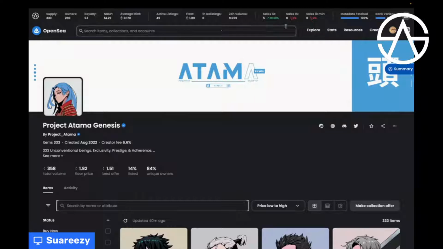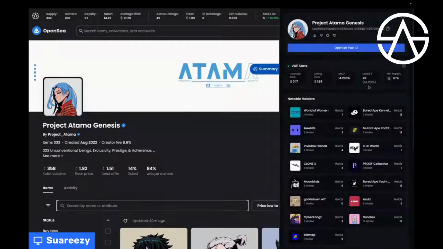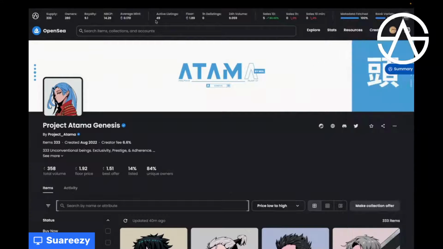So if you pop up our summary sheet, you can see the percent listed. That gives you active listings divided by the supply, and you should get 14.715%. So it's a cool metric to see how thin the walls are for the project we're looking at. We'll go over that summary tab a little more in depth as well.